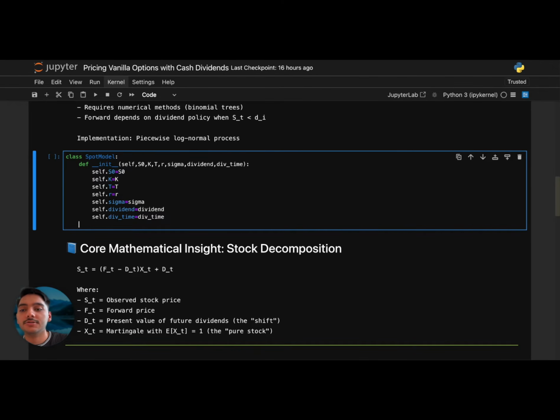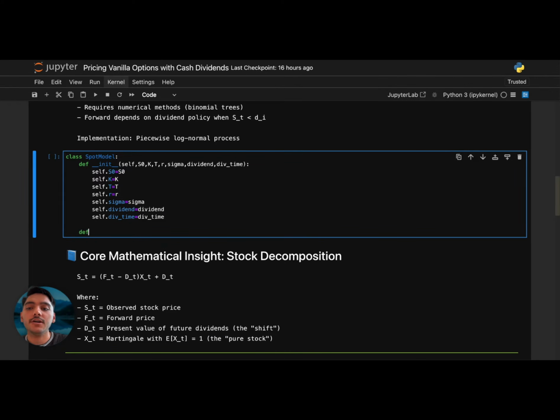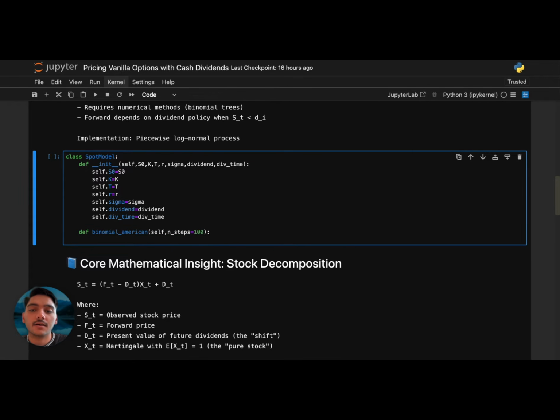Now let's define a function for the binomial American option, binomial_american, with self and n_steps to be 100. For the American option, we're using American option pricing with dividend jumps in the tree.